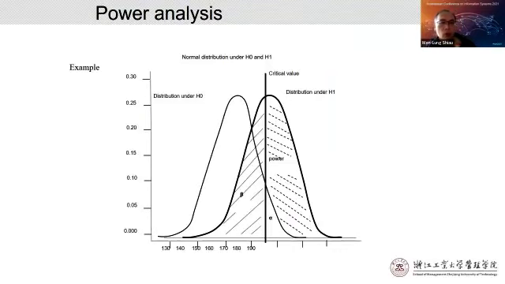So even though you see the picture here, as we decrease the alpha, the beta increases. The 1 minus beta, that's the power analysis, also decreases. So that's the problem here. We can only make the balance over there, but it's not easy.